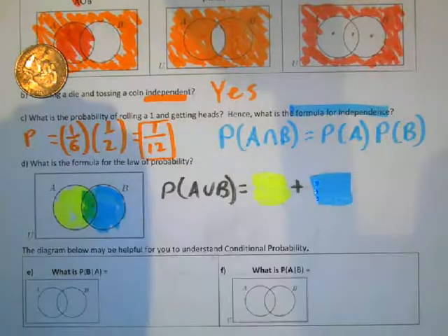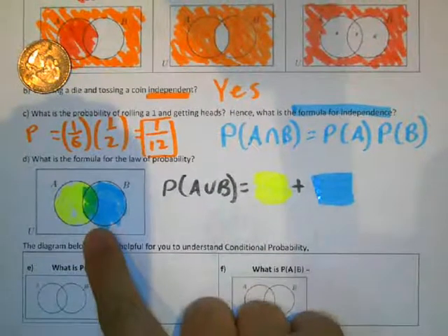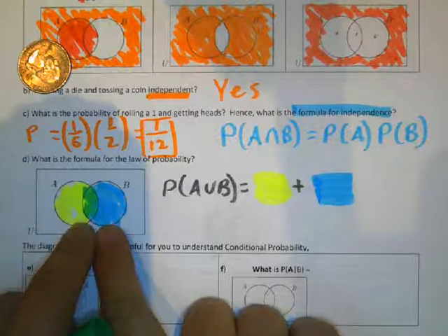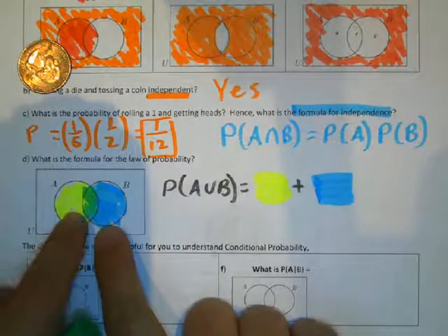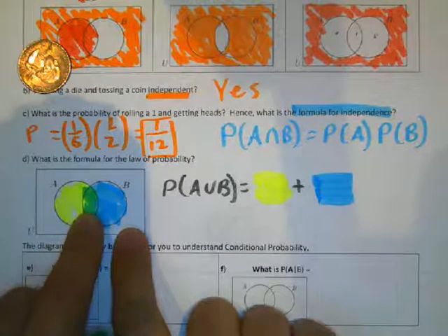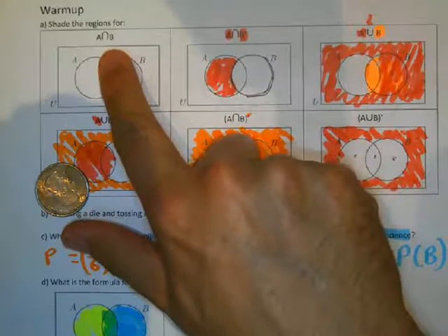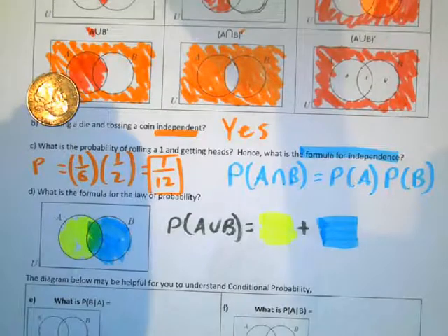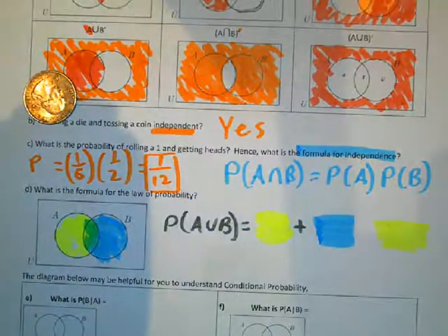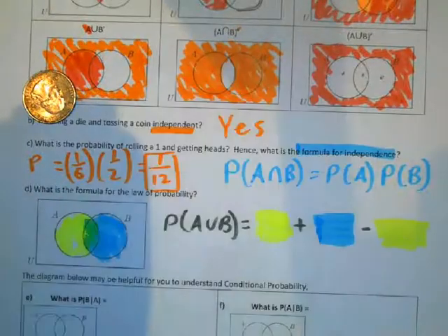but as you can see, the way I've shaded it, I've counted this football region twice because the yellow region was A, the blue region is B, and we've counted this middle part twice. What is that middle part called? A intersection B. So we need to subtract the value of A intersection B once. That was supposed to be green.